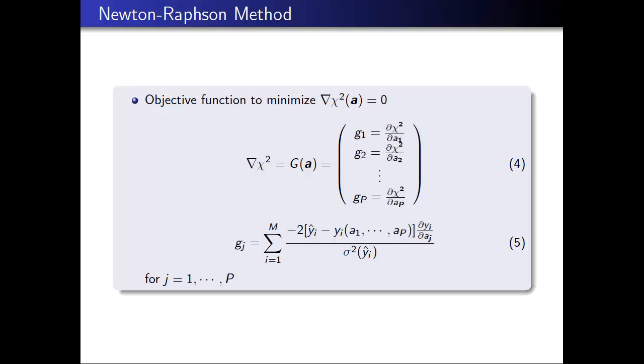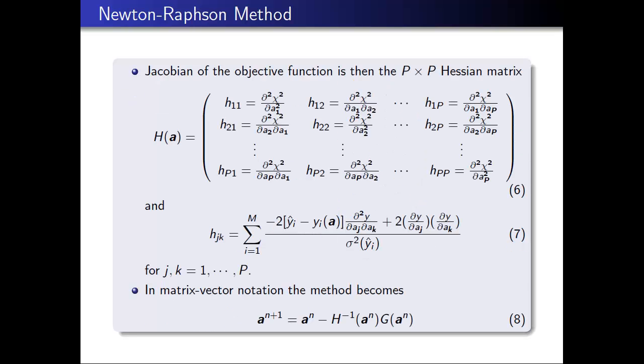In our case, our objective function to minimize is the gradient of chi-squared. So here's the gradient of chi-squared, and here's what it looks like in an expanded way. Here we have the derivative of the model function with respect to each of the parameters that we're seeking to find. And because the gradient is the objective function, we need to take the derivative of that in order to use this method.